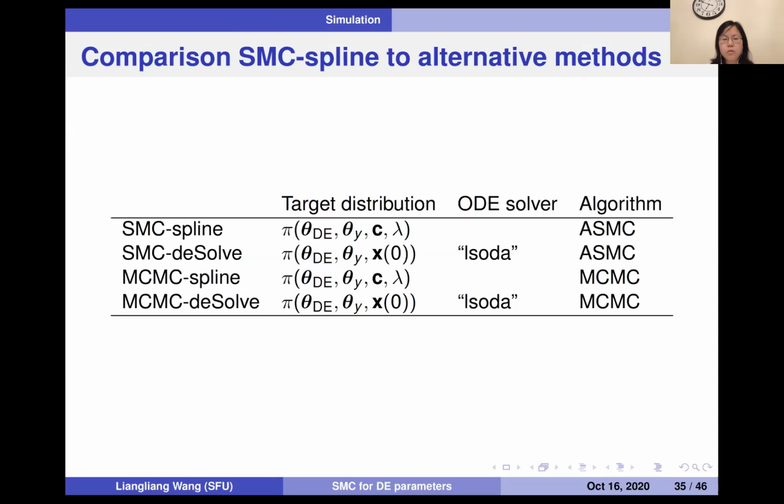Again, we can use two methods for the implementation for the same model. We can use ASMC and we can use MCMC. So in total, we'll have 4 methods. The first one is our proposed method, and the rest 3 are the alternative methods.